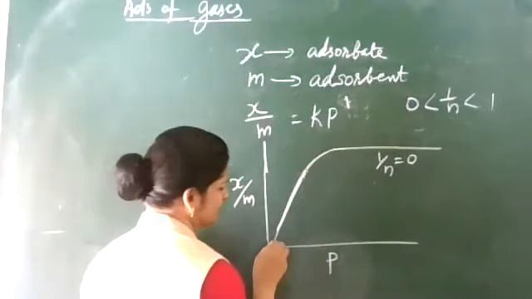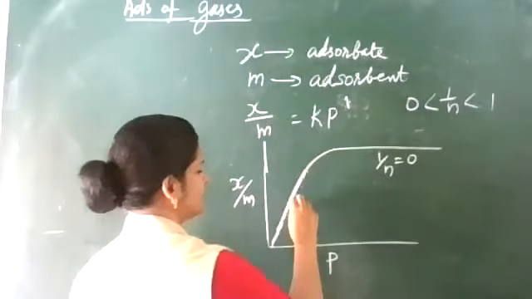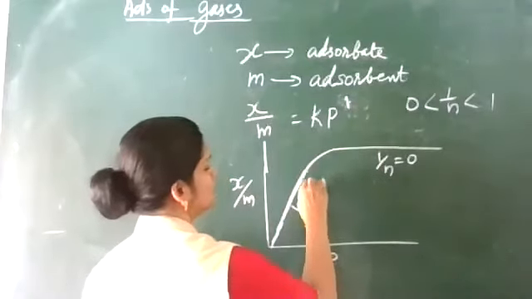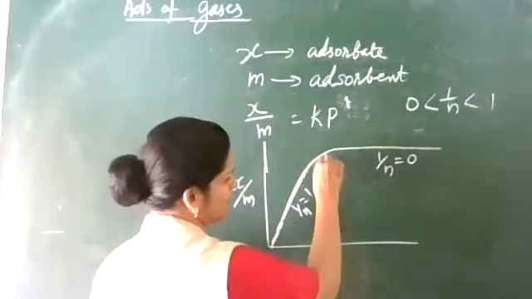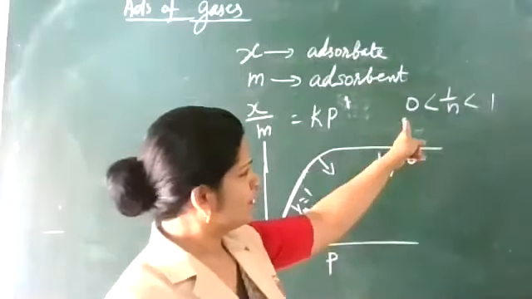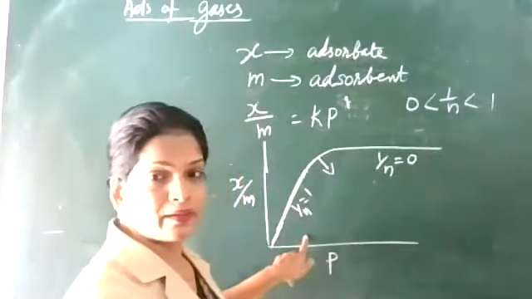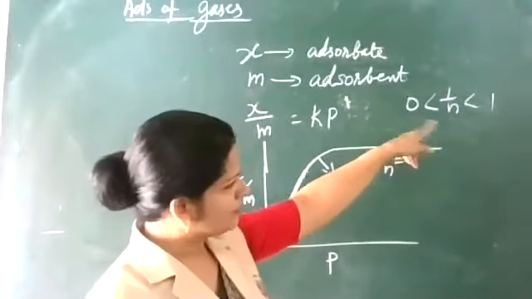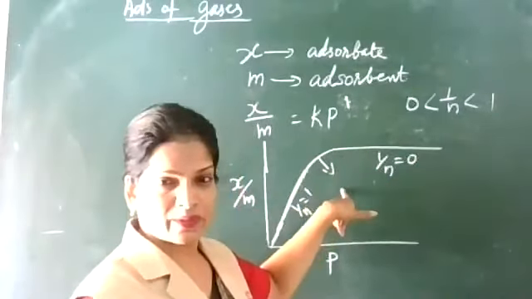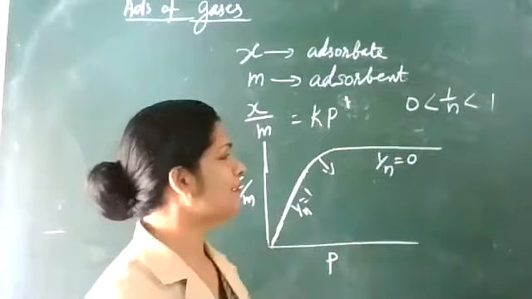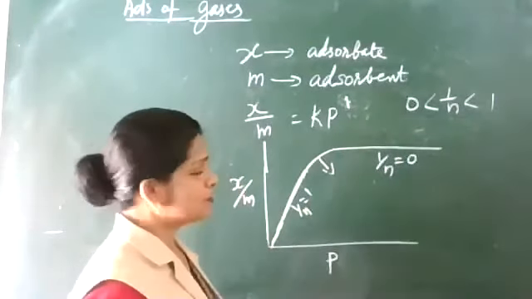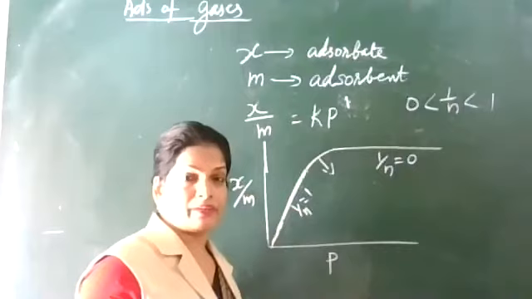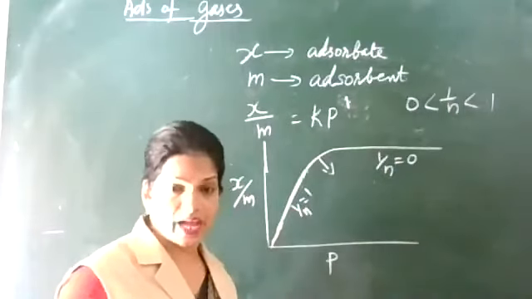So in between, 1 by n can have any value between 0 and 1. This is the relation given by Freundlich and we call it the Freundlich adsorption isotherm.